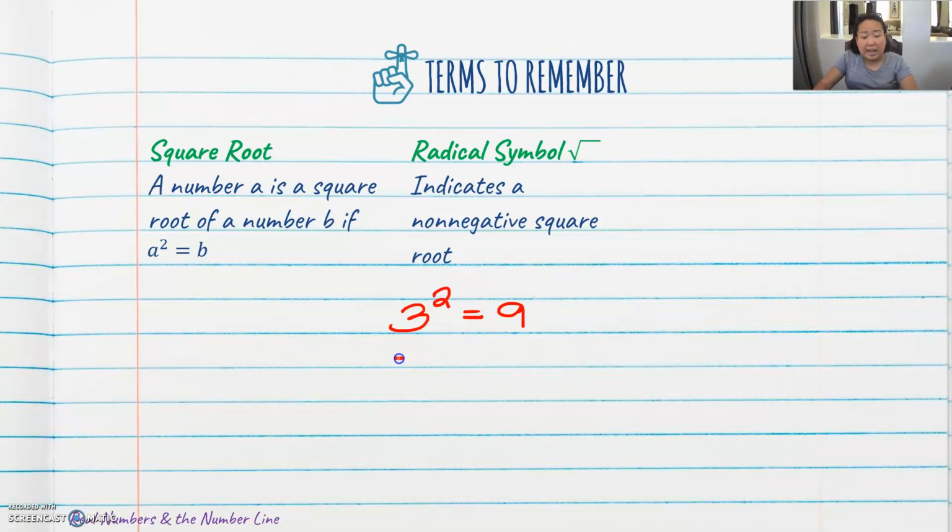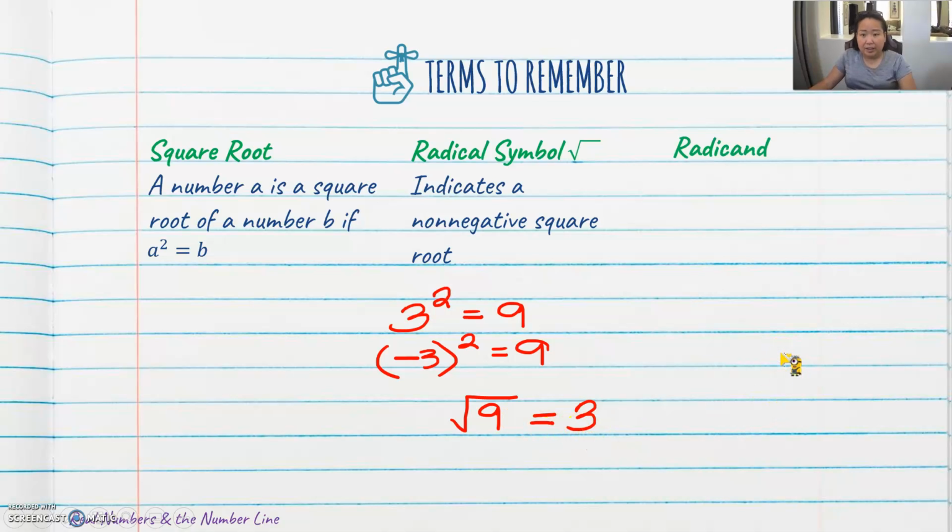If you also have negative 3 multiplied to itself, the answer also will be 9. But once you apply the radical symbol to 9, the square root of 9, the answer that we are looking for is the non-negative, which means our answer here will be positive 3. So the square root of 9 will be 3.